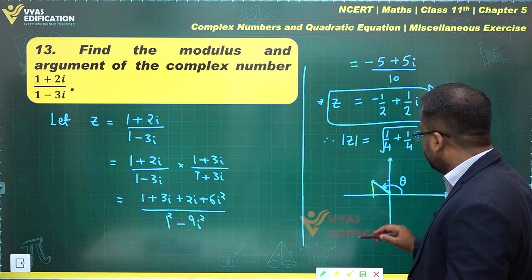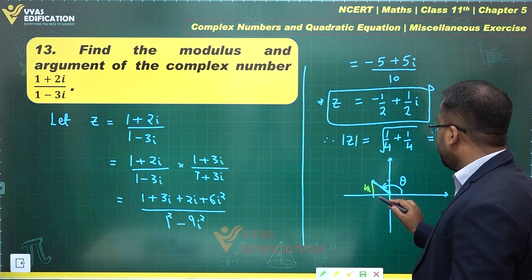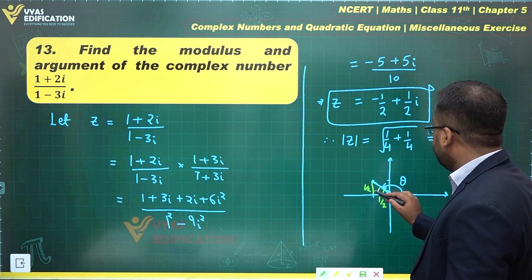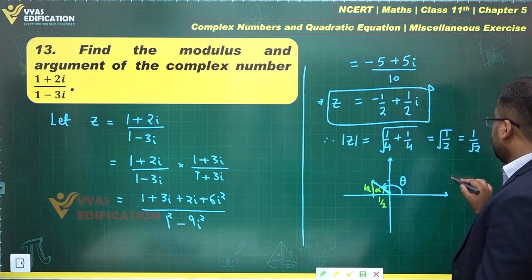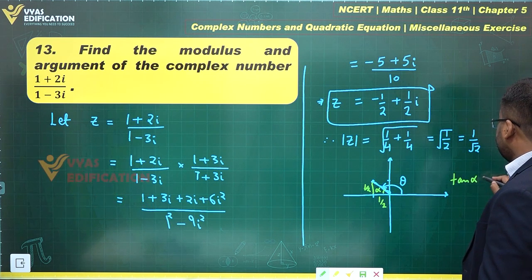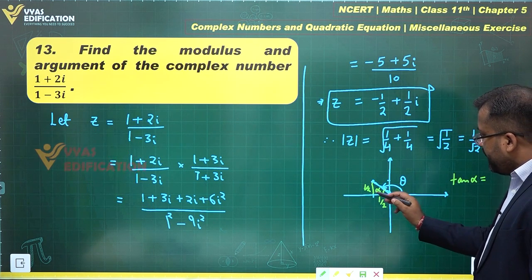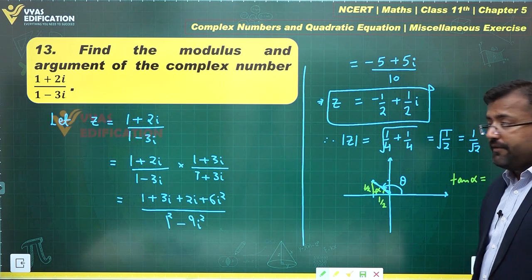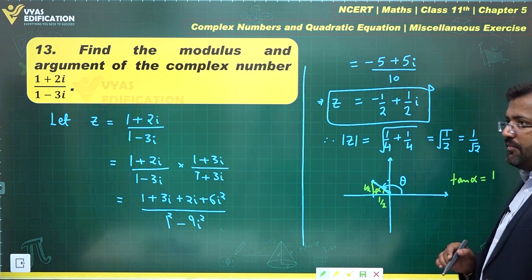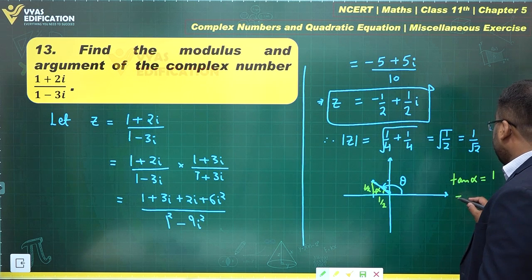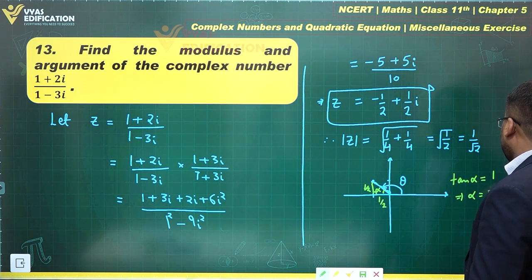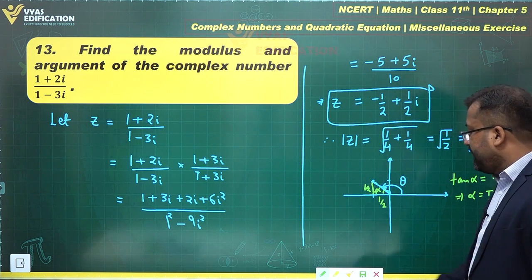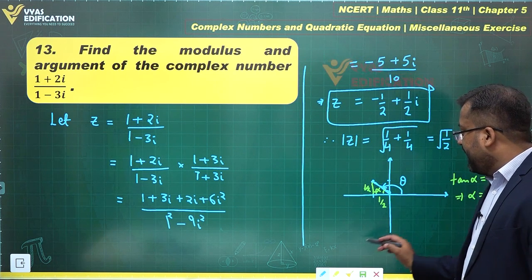Let's try to find theta somehow. How will we find theta? This is 1/2, this is also 1/2, and we can find this alpha very easily, right? Tan alpha, as you can clearly observe, is (1/2)/(1/2) in this right angle triangle over here, which is 1, giving me alpha equals π/4. Once you get the value of alpha, you can easily find the value of theta.